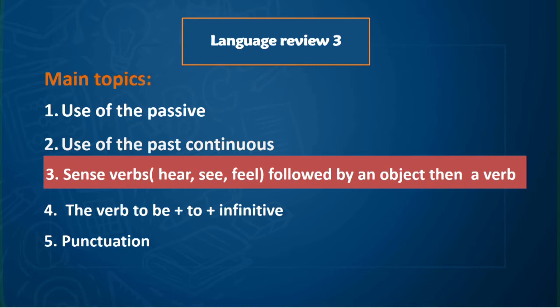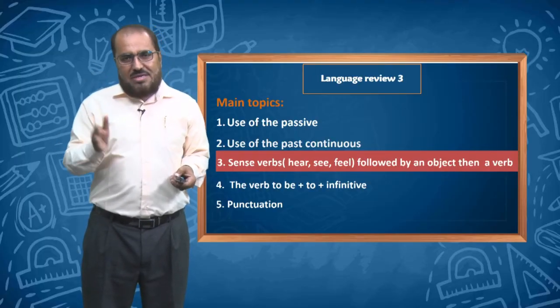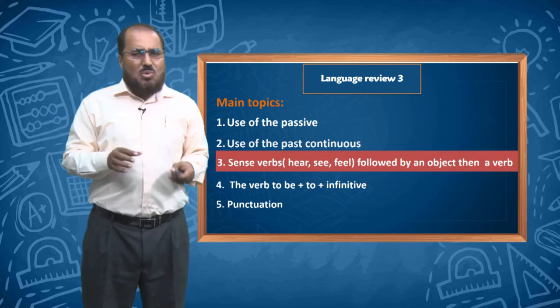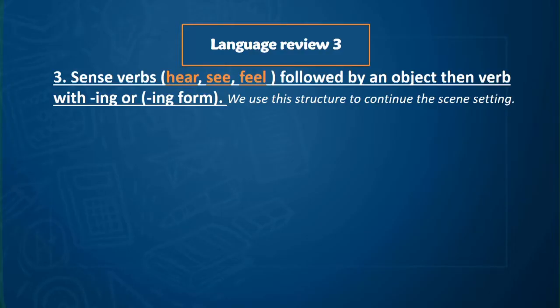Those sense verbs are followed by an object, then a verb with ing. Why can this structure be used? Let's see. This structure can be used when we want to continue the scene setting. Again, setting a scene. So ing is important here after sense verbs.